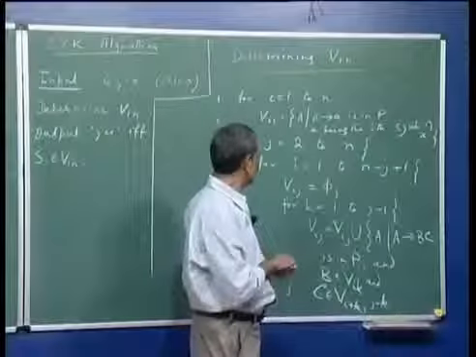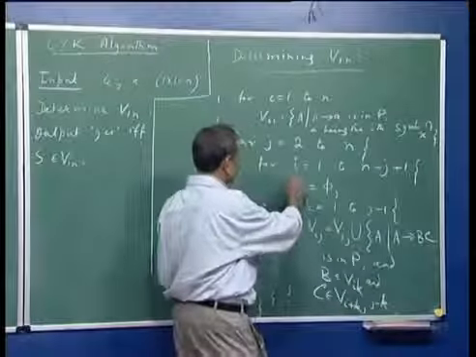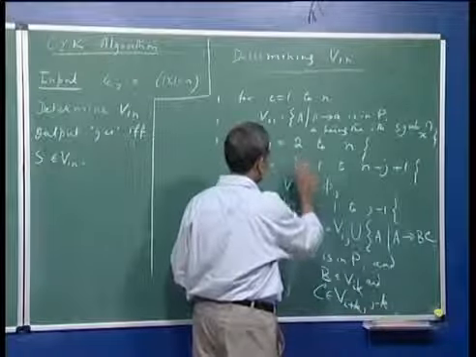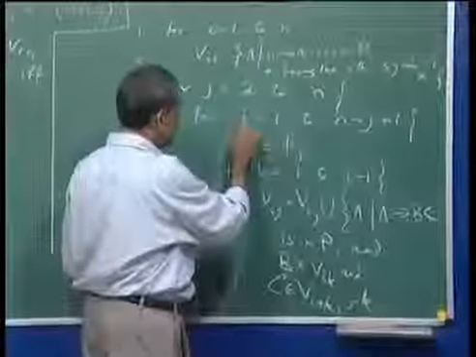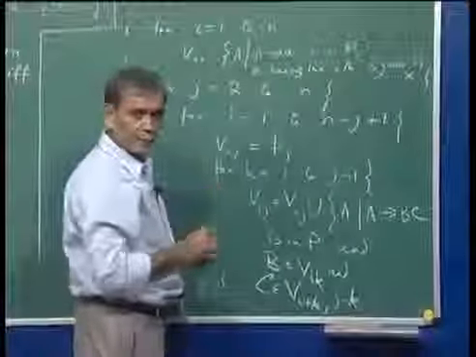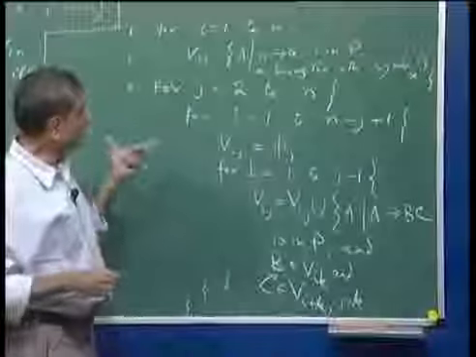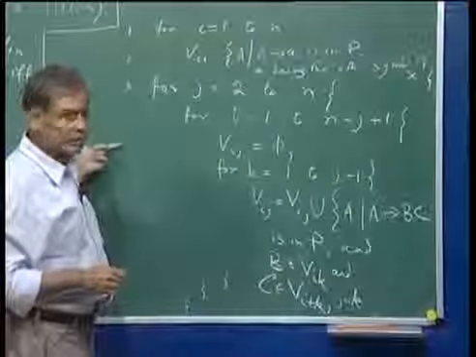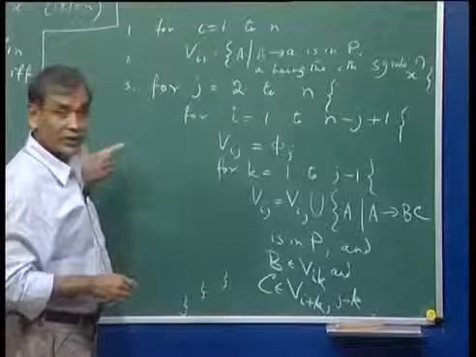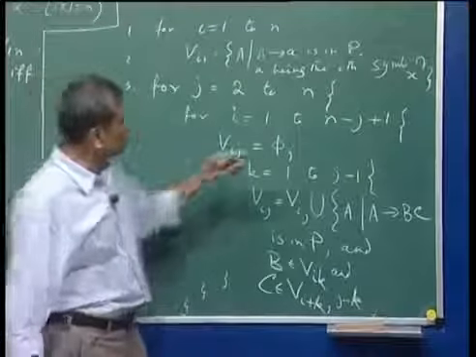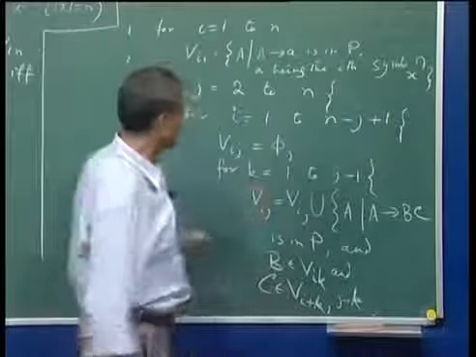See, that's the idea. Once j is fixed, i can range from 1, because such a substring can start from the first position of the given string x and go all the way up to n minus j plus 1.